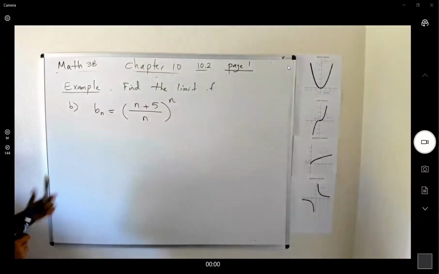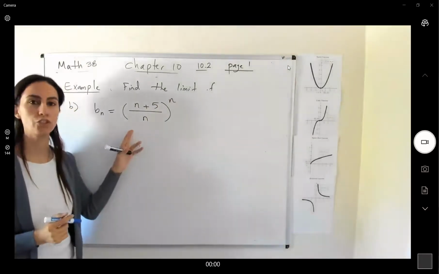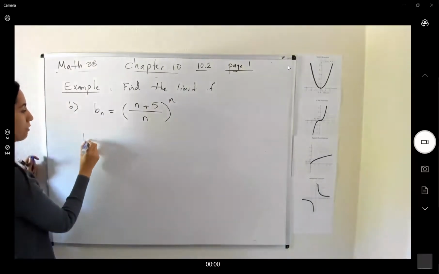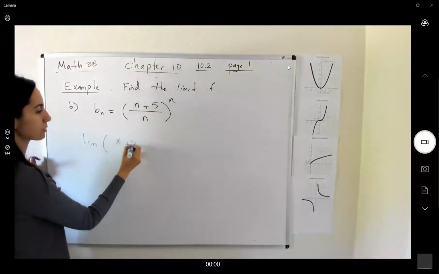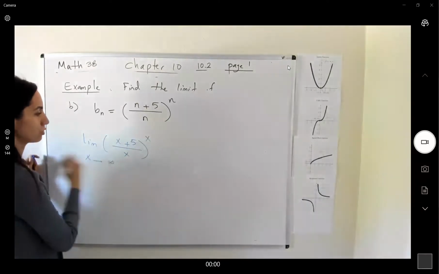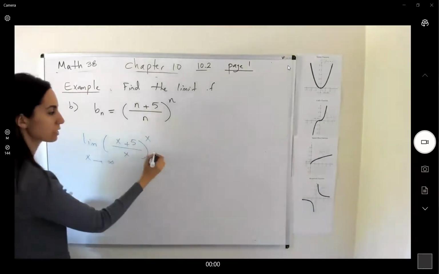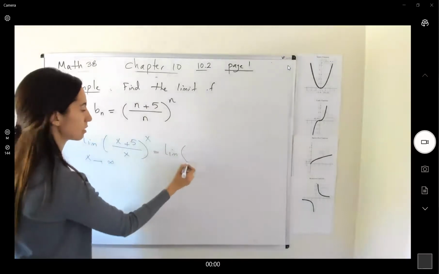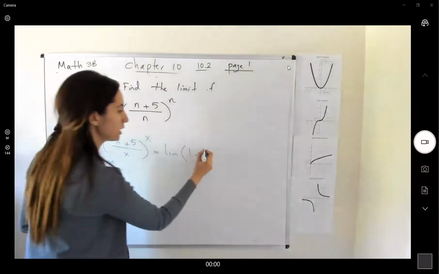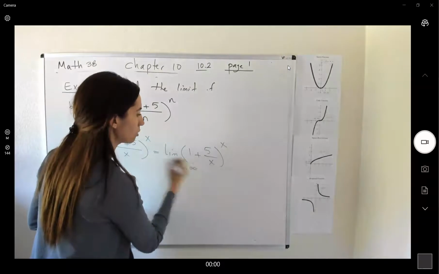Again, we're going to find the limit of the function, which is equivalent to this sequence: the limit of (x plus 5 over x) raised to x, as x goes to infinity. First of all, let us simplify this expression and write it as the limit of (1 plus 5 divided by x) raised to x, as x goes to infinity.